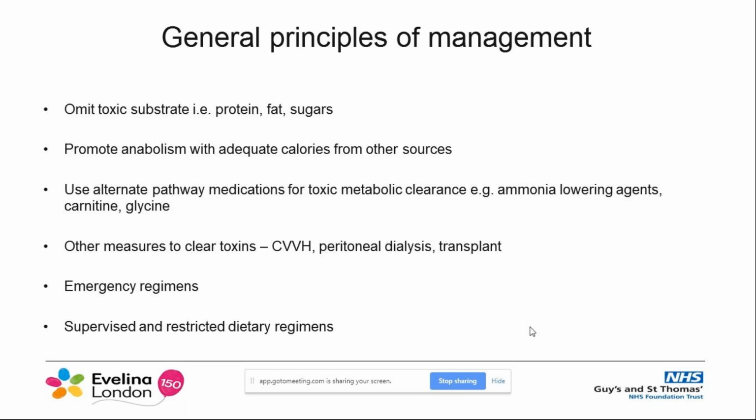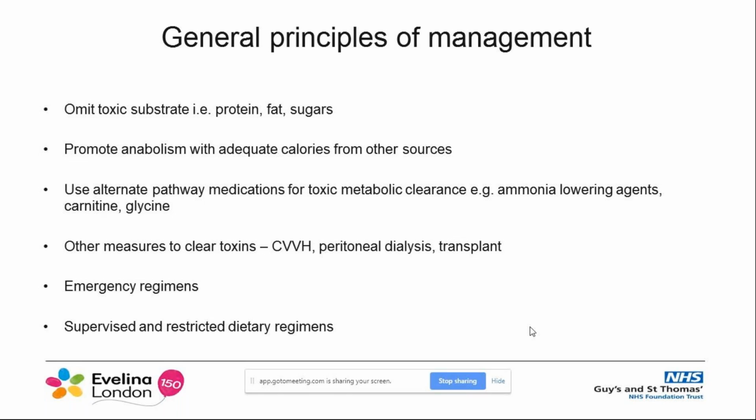And then the use of alternate pathway medications, so trying to reduce production of toxic metabolites or increase clearance. So ammonia lowering agents, so you may have heard of sodium benzoate, sodium phenylbutyrate, and carnitine, which can conjugate organic acids, and then glycine, which can also conjugate organic acids.